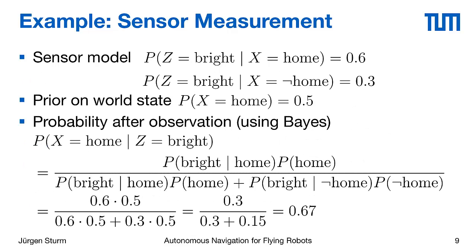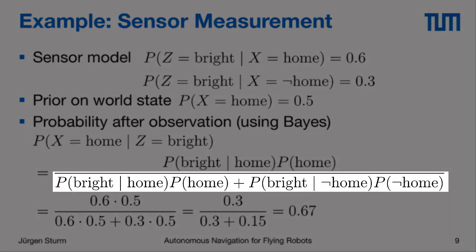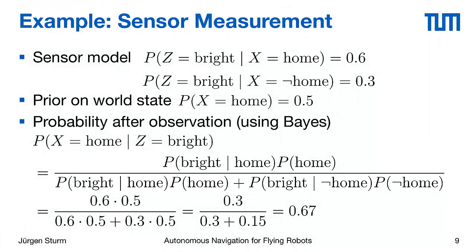But fortunately, we are aware of Bayes' rule, so we can use it to reverse our causal knowledge just by filling in the variable names in Bayes' rule. We obtain the equation in the middle, and the only thing that is new is the denominator, where we already filled in the normalization constant, which can always be computed just by summing up over all possible values of our world state.